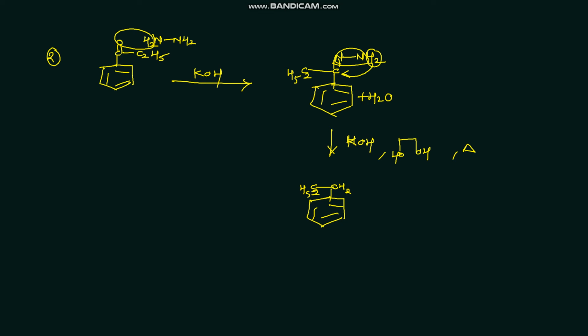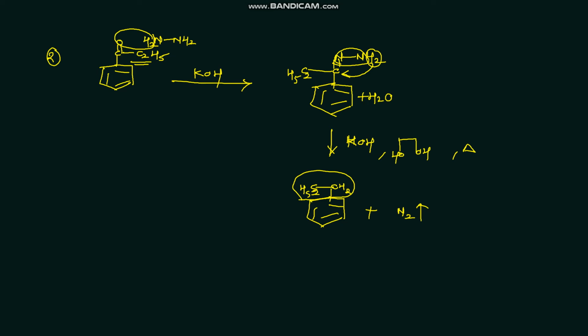That is here propyl. This group is reduced into a propyl group, and here N2 gas is evolved.